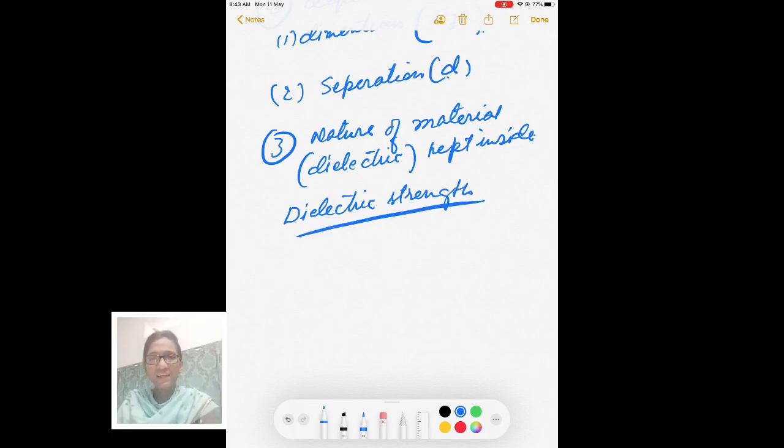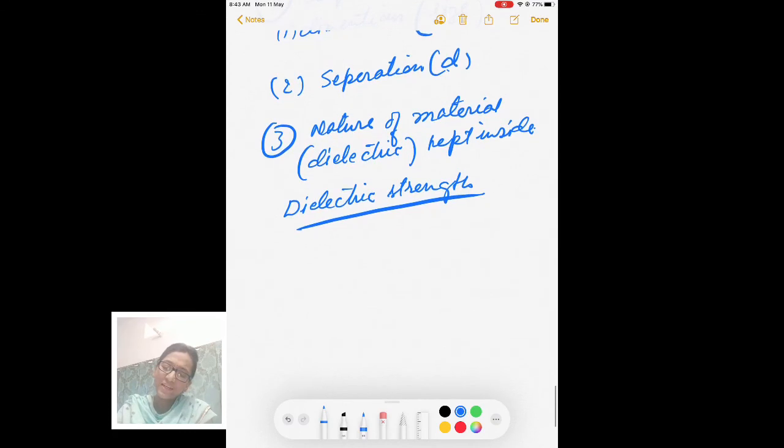If you take air, it can hold an electric field equal to 3 into 10 to the power 6 volt per meter. If you take some different dielectric, it will hold a different electric field. So in this way, the dielectric material you take between the two plates determines the capacitance of the parallel plate capacitor.